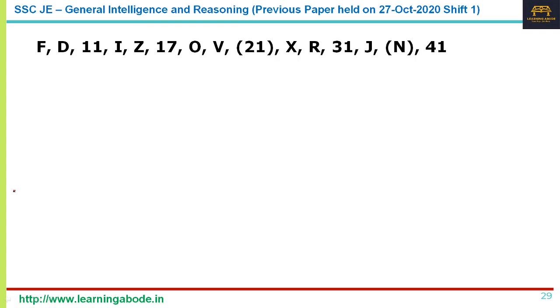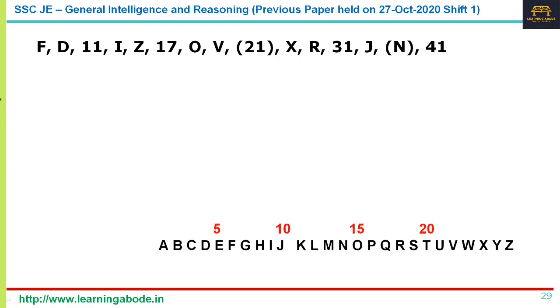Okay, let me try to label the alphabets, because numbers anyhow we know. So what I have here is F is 6, D is 4. This 11 I'll write anyhow.